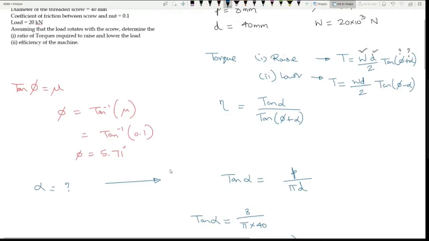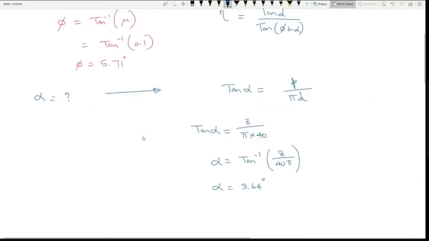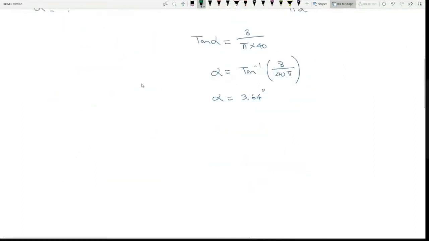Now I have to identify the torque for rise and the torque for lowering. Let us apply the formula. The torque to rise the screw is T is equal to W D by 2 tan of phi plus alpha.